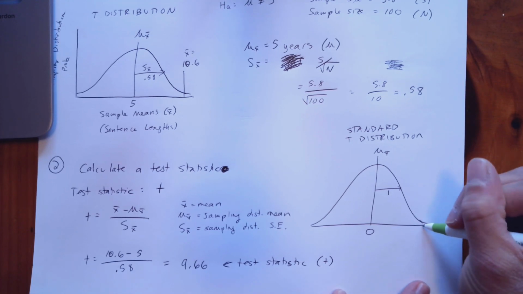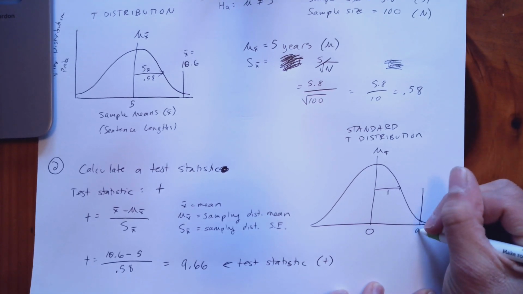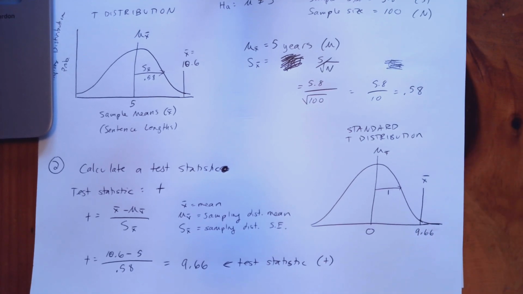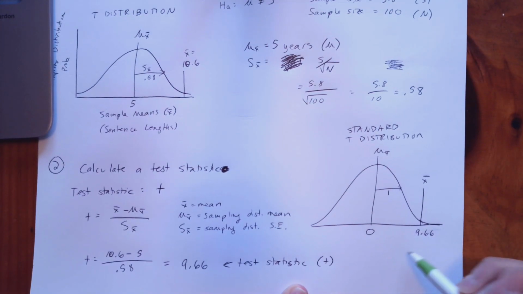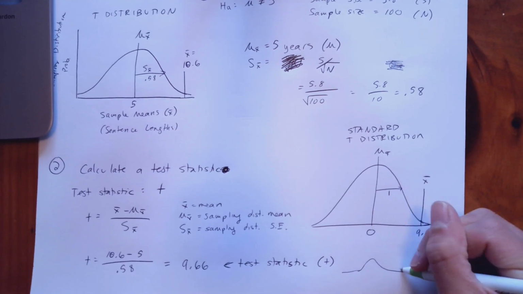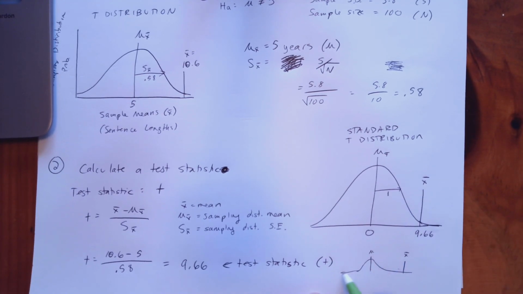So what this tells us is that our sample out here is at a t-statistic of 9.66. In other words, we are 9.66 standard errors away from the mean. This is obviously not drawn to scale here since I just wrote a 1 up here. But if it were drawn to scale, it would probably look something like this, where we're actually really, really far out away from our mean.